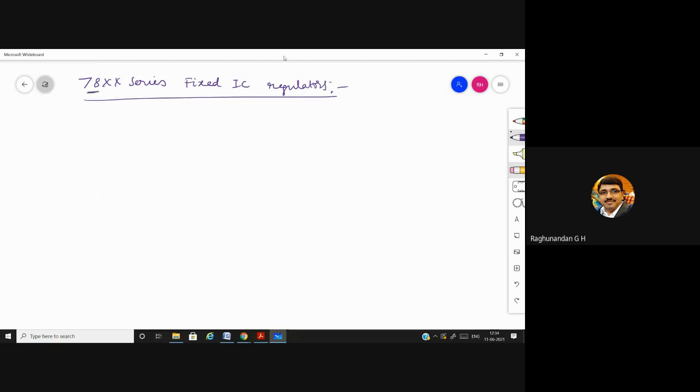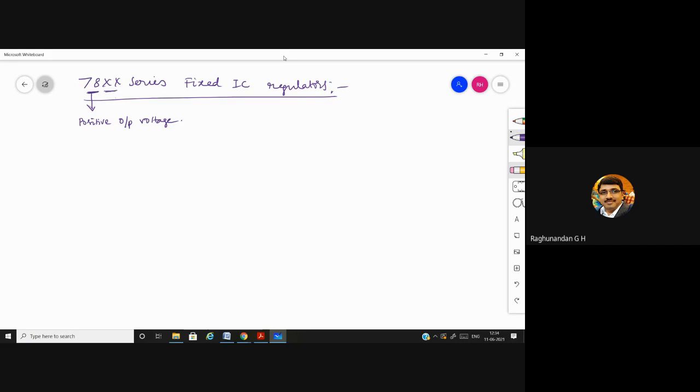Basically, 78 indicates, see, the number whatever they were giving has a meaning. 78 indicates that this series of ICs is going to give only positive output voltage. It will be +5, +10, +6, anything, but positive. It will not give negative output voltage.